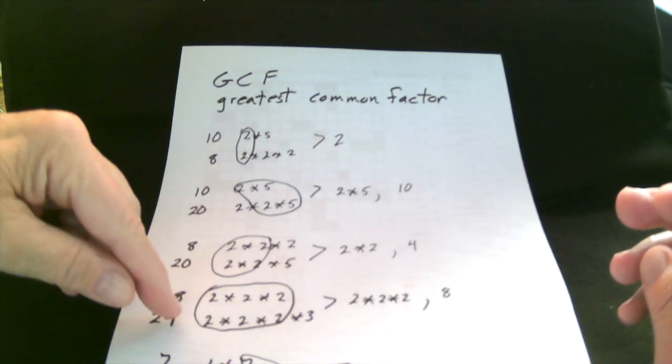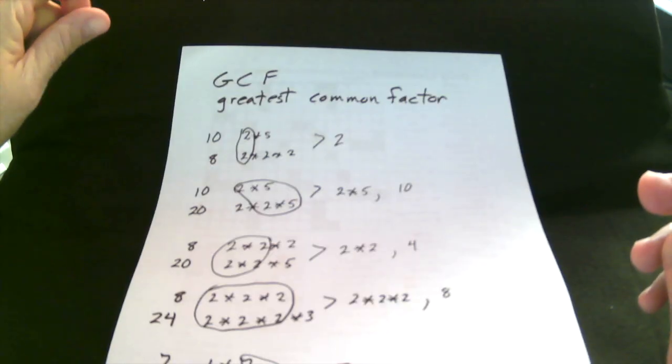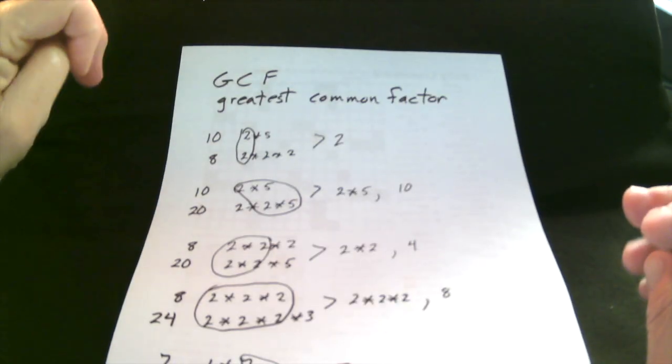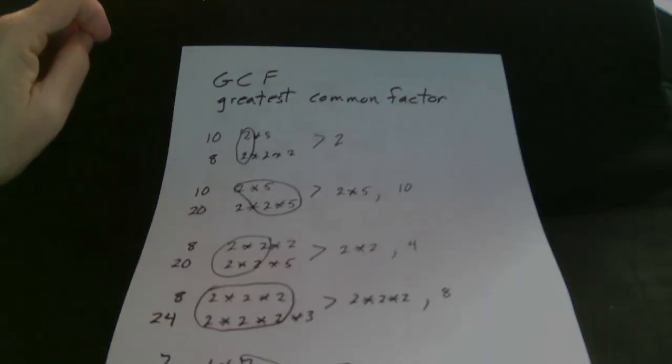So you can find the greatest common factor for each of these numbers by checking their factorization. Now let's take a look at why that's helpful.